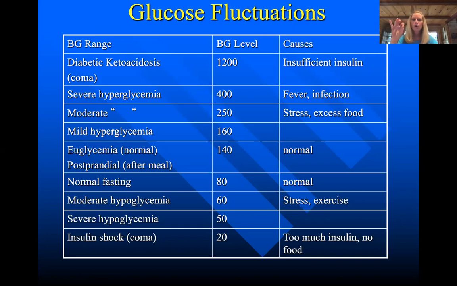Okay. Now, again, diabetes is defined as levels that are way too high. So if we get up here and start looking at moderate, severe hyperglycemia, what I want you to know is that if glucose levels ride way too high, that individual can go into a coma and they can die.